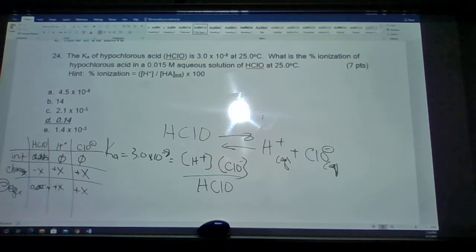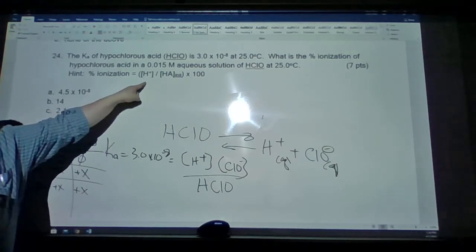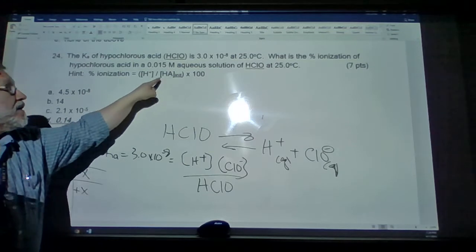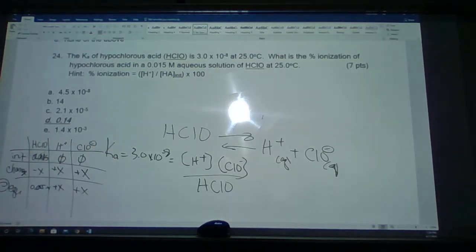Remember, we're asked for the percent ionization. Percent ionization is equal to our H plus concentration at equilibrium divided by our HA concentration initially.